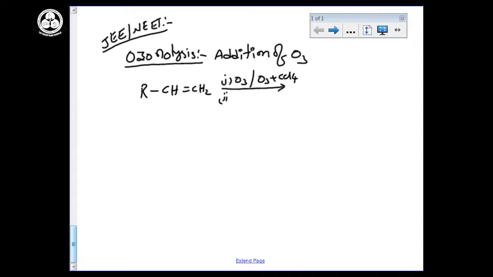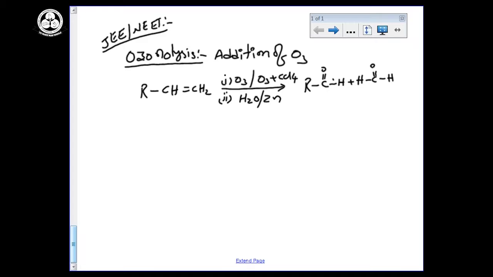Another reagent is reduction, that is water in presence of zinc. Finally we get the answer: RCHO plus HCHO. So the double bond will be broken here.